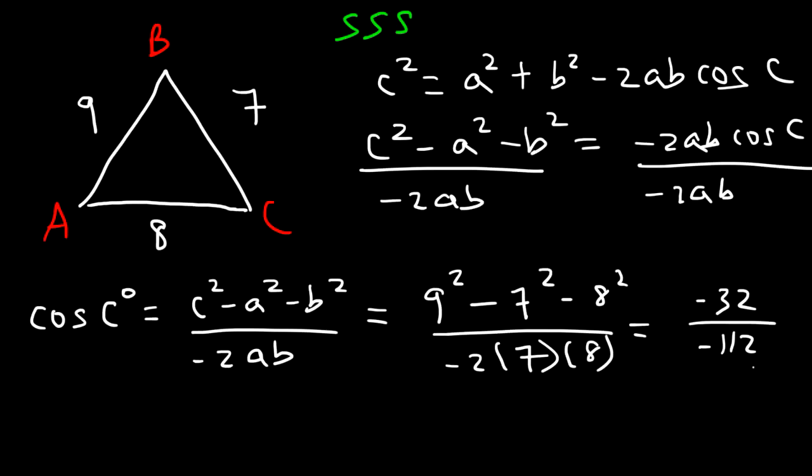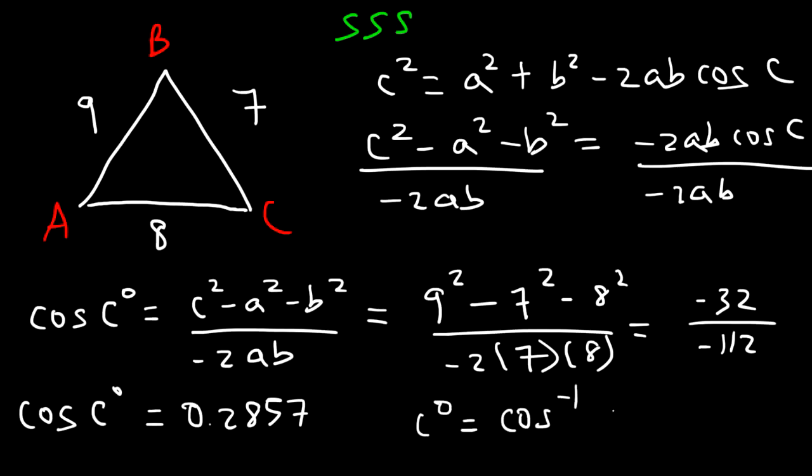So negative 32 divided by negative 112, that's 2 over 7, which as a decimal is 0.2857. That's equal to cosine of angle C. So angle C is going to be the arc cosine of that number, 0.2857. You should get about 73.4 degrees for angle C.